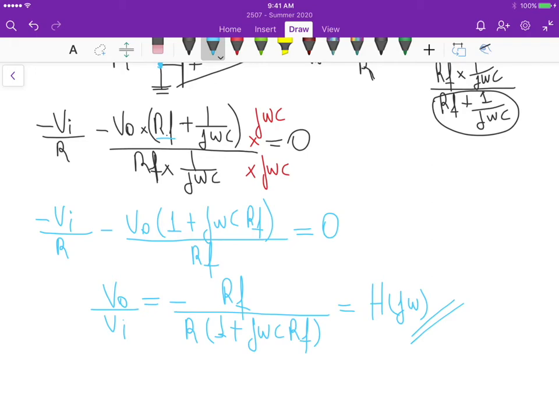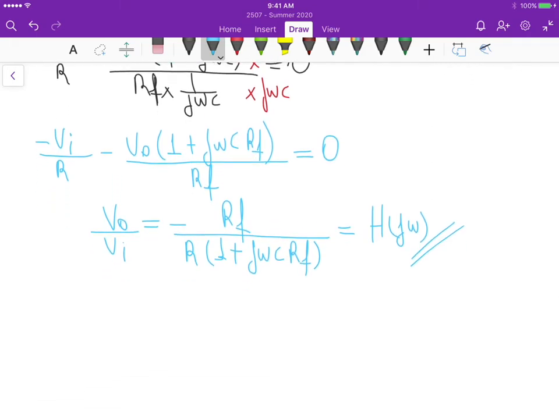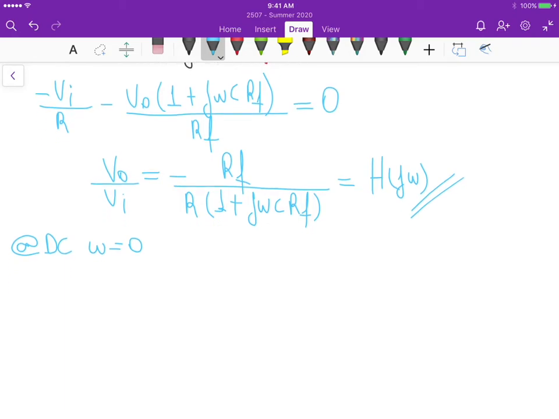Now at DC, so if we calculate at DC, which means omega equals 0, and we calculate the magnitude just to get the gain, because remember, in this part we want a finite gain of 60 dB, right?